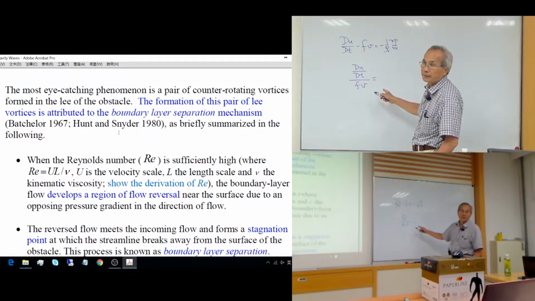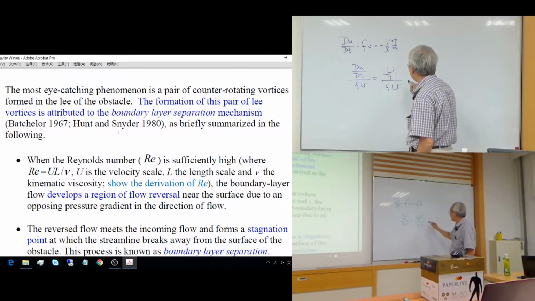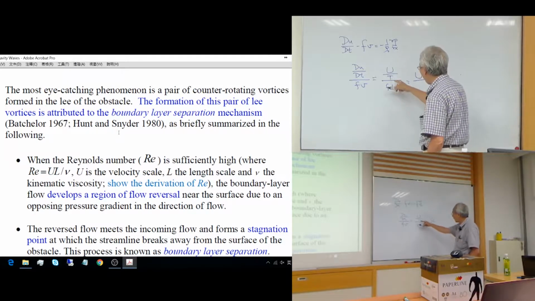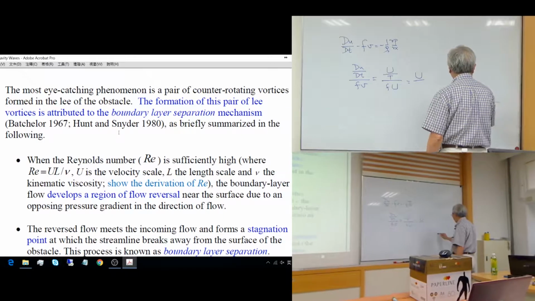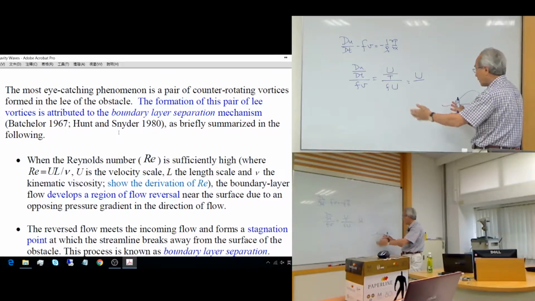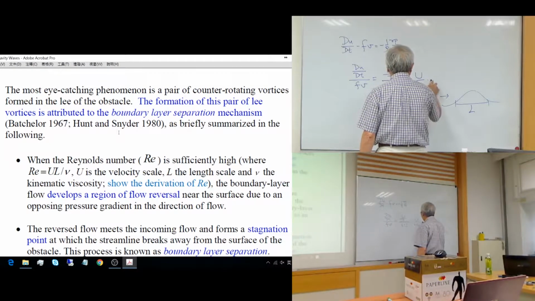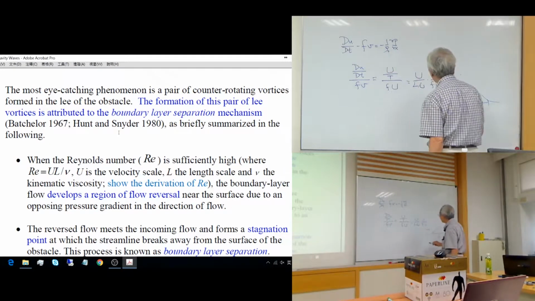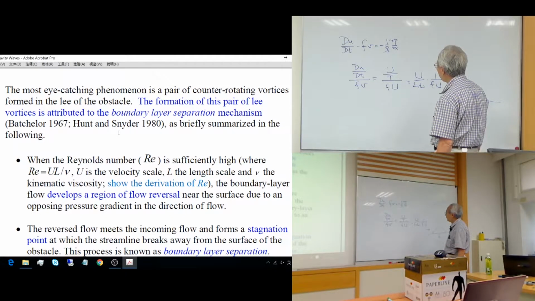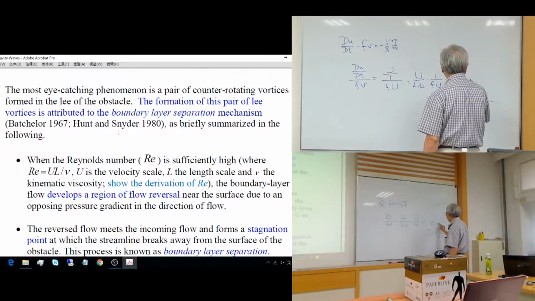That's the Rossby number. Because this is U divided by T, and F, and then this will be U. T is time, so with the scale of the mountain or some phenomenon L divided by U, this becomes U over F L. That's the Rossby number.